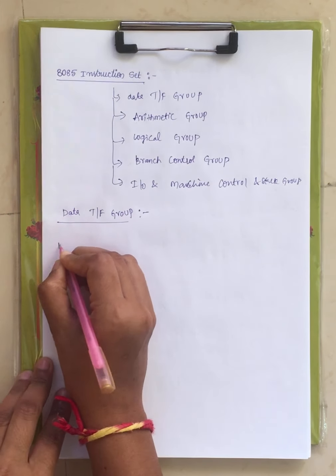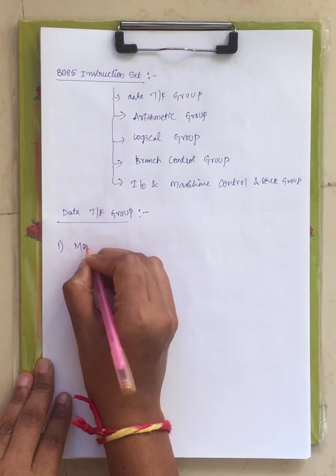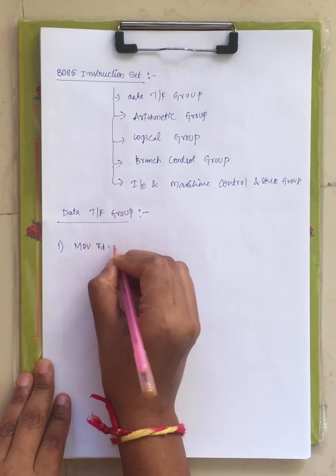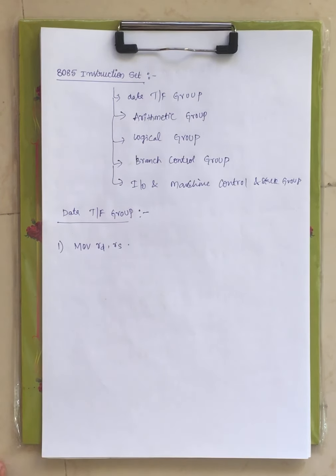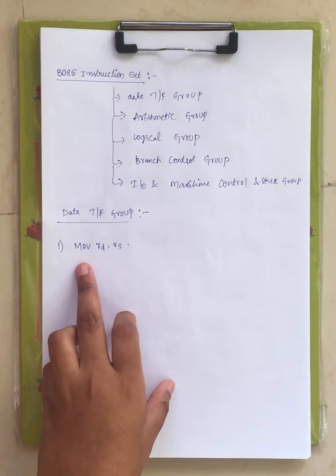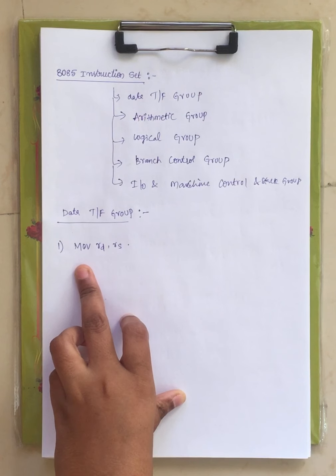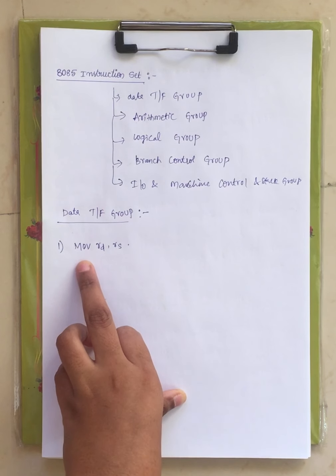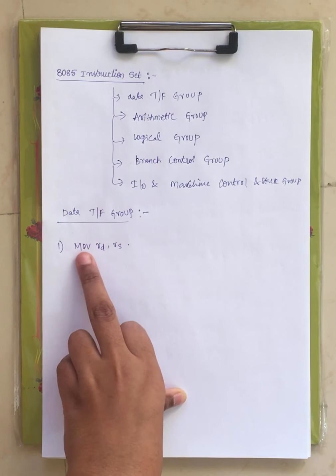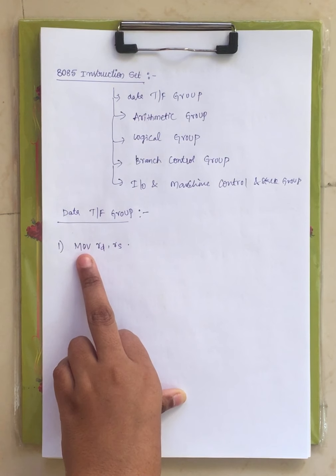Now coming to the first instruction, you have MOV Rd, Rs, right? This is the first instruction under the data transfer group. MOV means move. In a high level language we call it move, and in assembly language it is denoted by MOV.